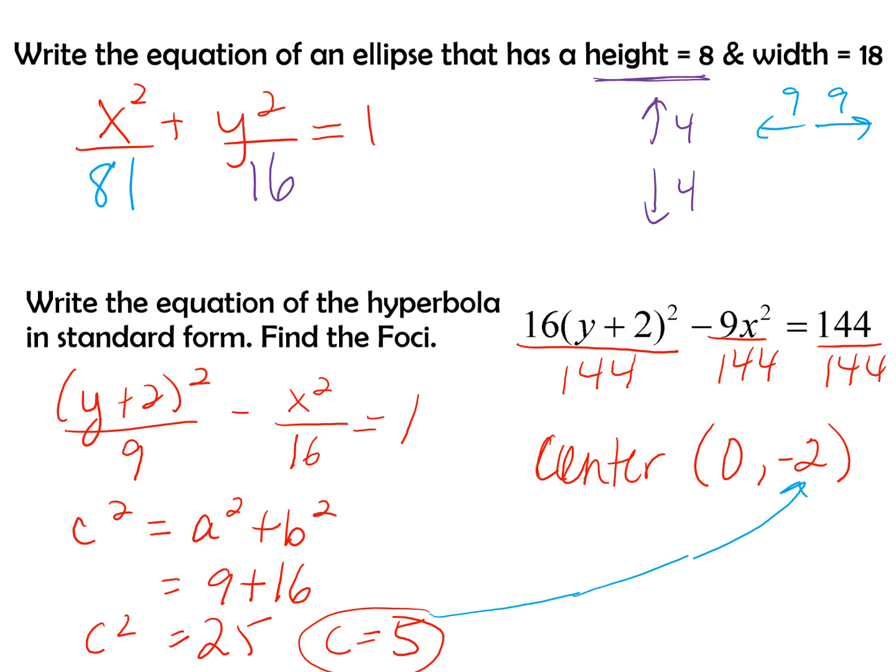And so our foci, we're going to add or subtract 5 to the y-coordinate. So we're going to have 0, and if we do -2 plus 5, that will give us 3. Or if we do -2 minus 5, that gives us -7.